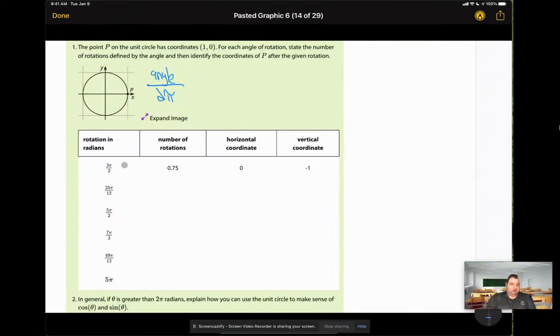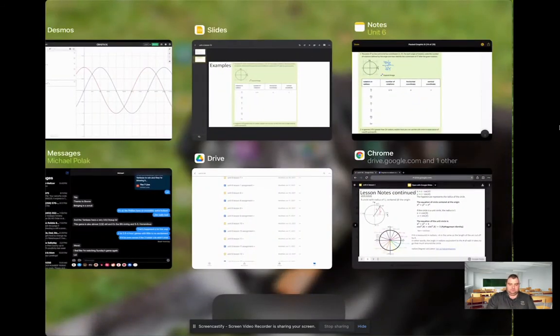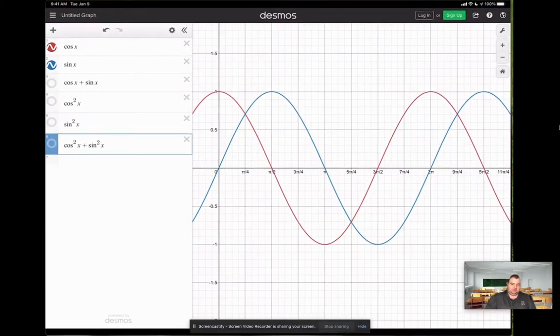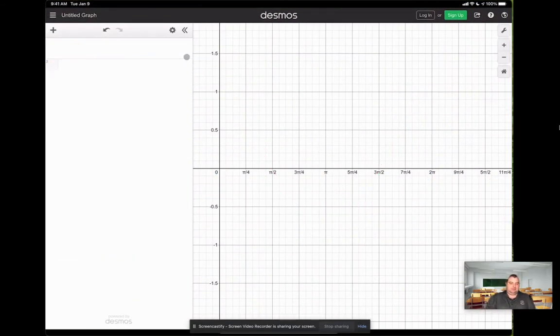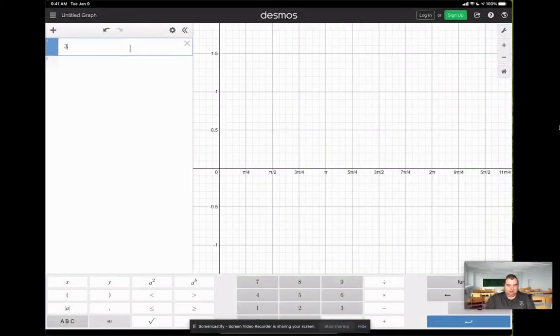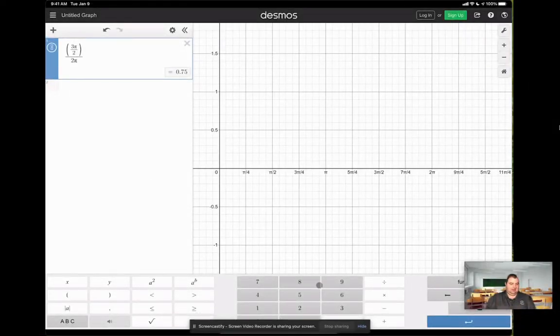So that's why, all right, if we go to Desmos, 3 pi over 2, I know the answer is there, but I want to explain to you where they got that from. If I take 3 pi over 2, and I'll put that in parentheses, and I divide that by 2 pi, I get 0.75.